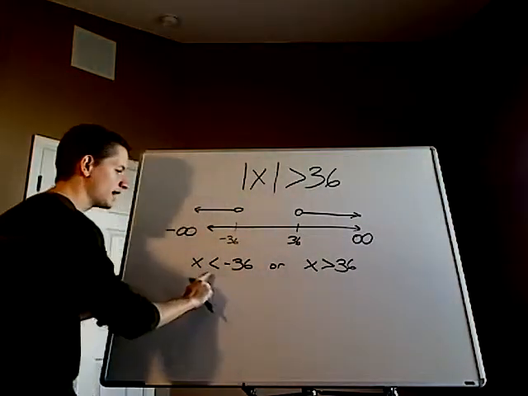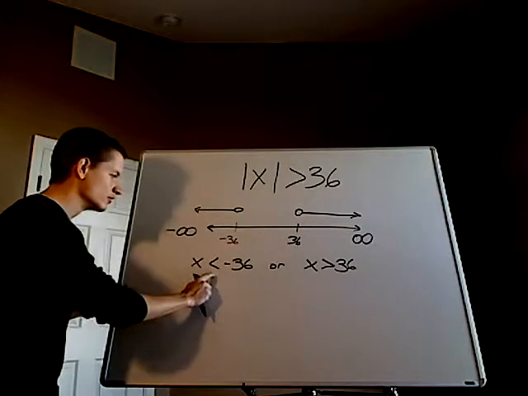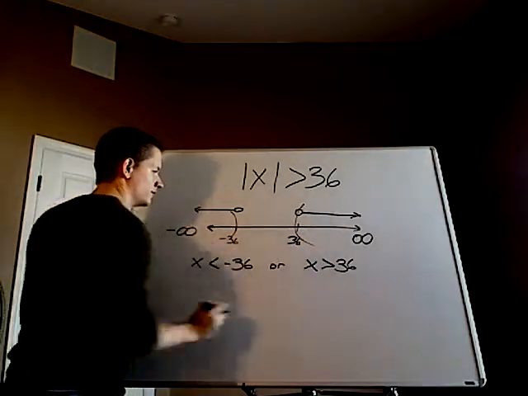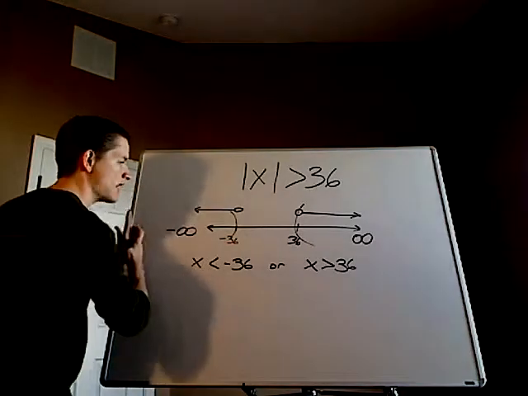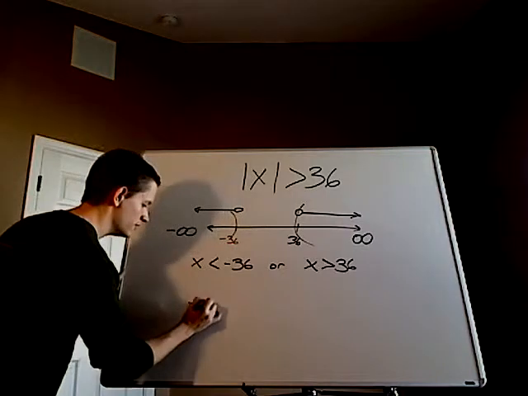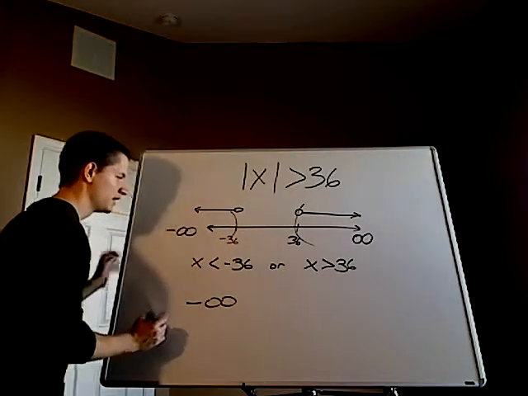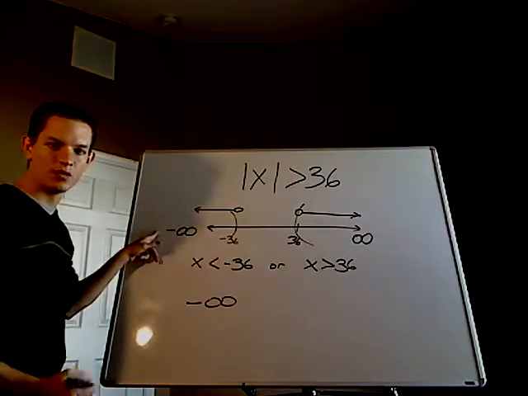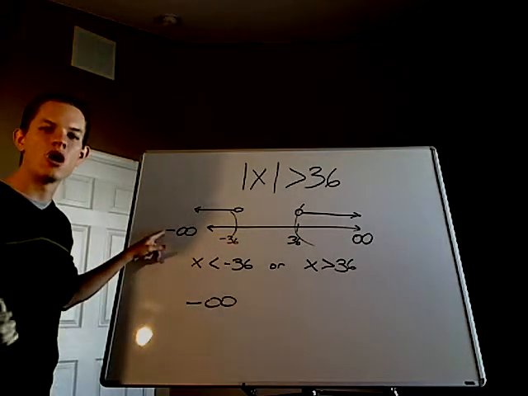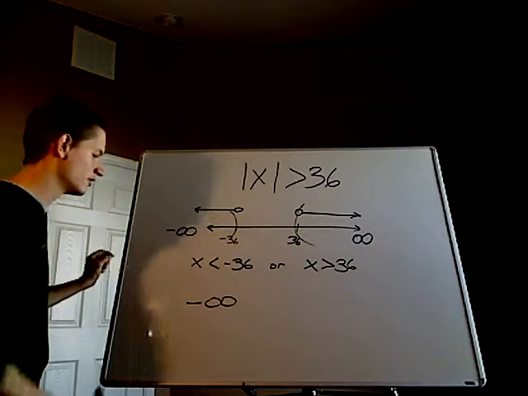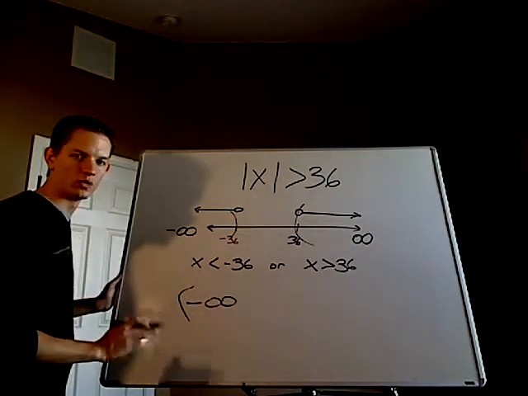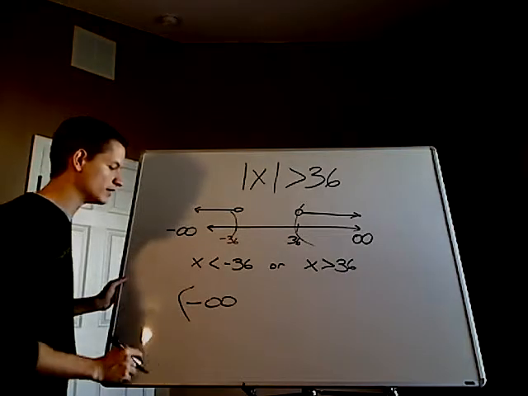Since this is not or equal to, that means there's going to be a parenthesis here and a parenthesis here. You set it up from left to right, and it's always left to right. So it would be negative infinity. And am I going to put a bracket with the infinity or a parenthesis? Yes, it is always, always a parenthesis. You're never going to see a bracket with infinity, either positive or negative.